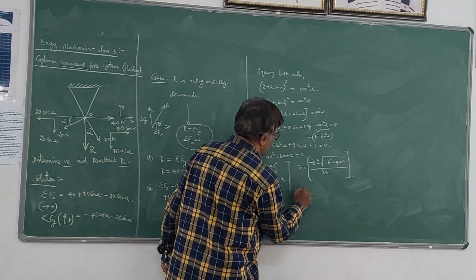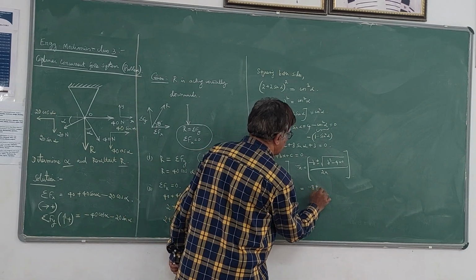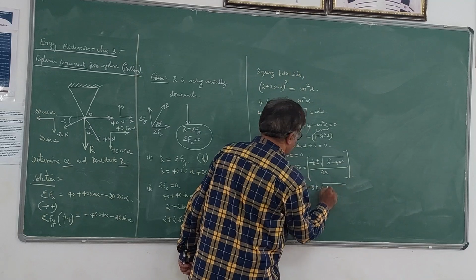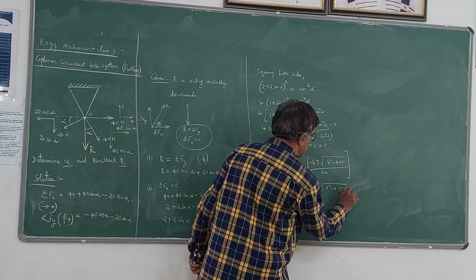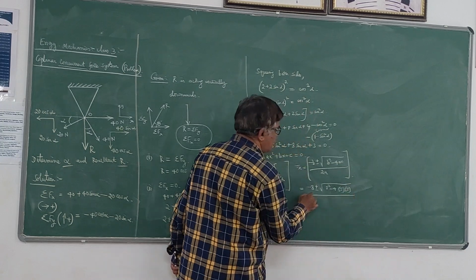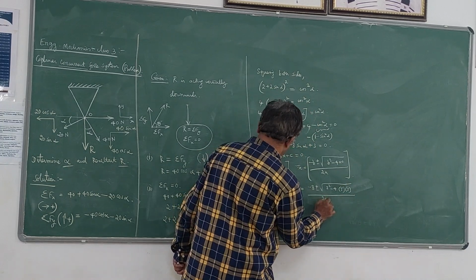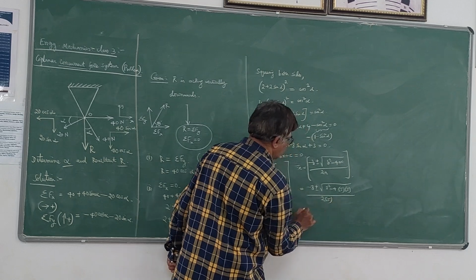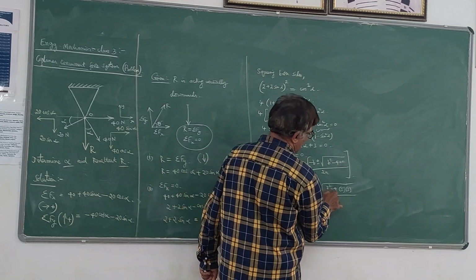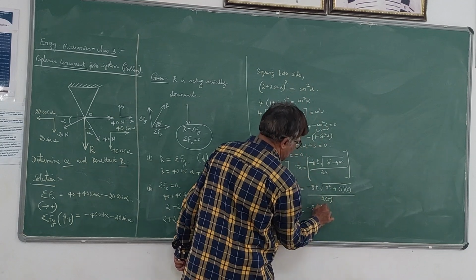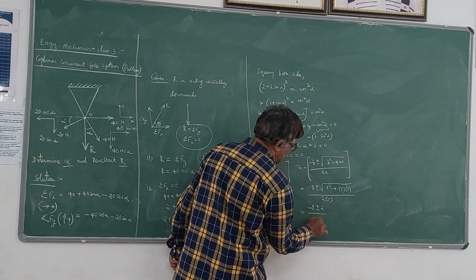By substituting these values you get minus 8 plus or minus square root of 8 square minus 4 into 5 into 3, divided by 2 times a, which is 5. So that is minus 8 plus or minus root of 64 minus 60, that is root of 4, which is nothing but 2, divided by 10.